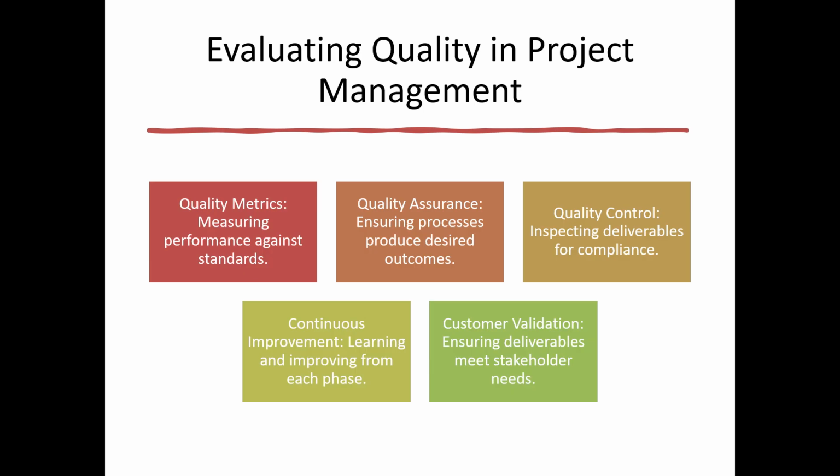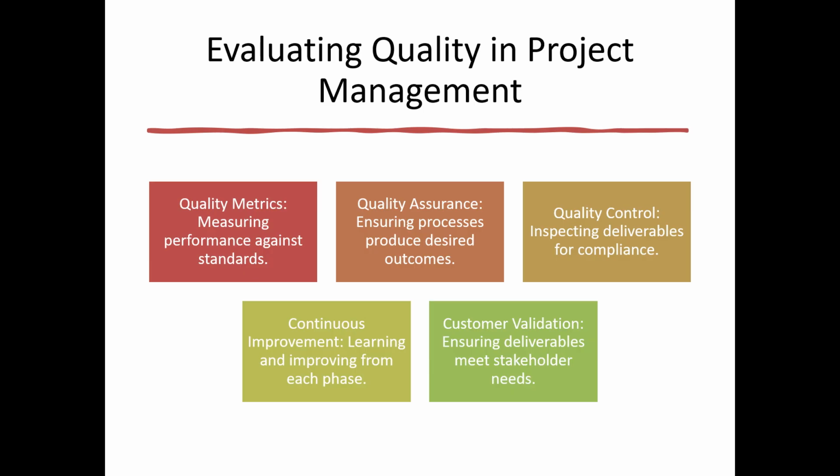Then, quality control focuses on inspecting deliverables and verifying they meet requirements. Projects also benefit from continuous improvement, where lessons from each phase are used to refine future processes. The final checkpoint is customer validation, confirming that stakeholders are satisfied with the results.